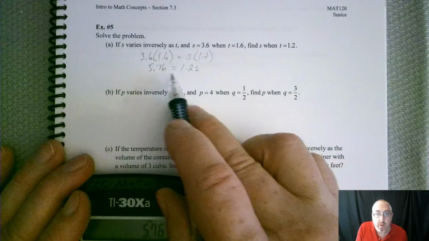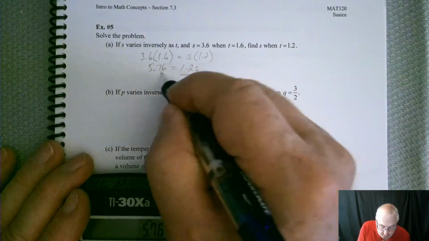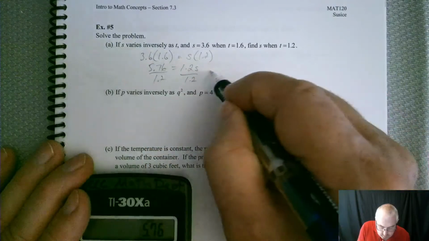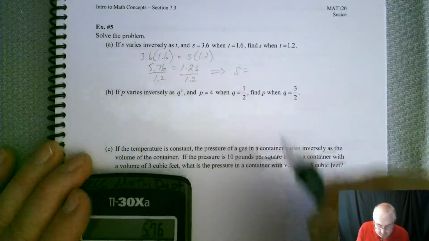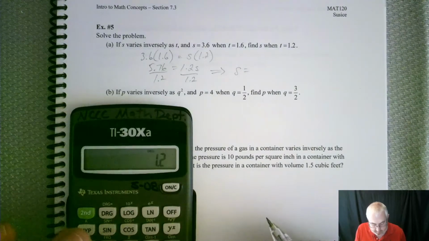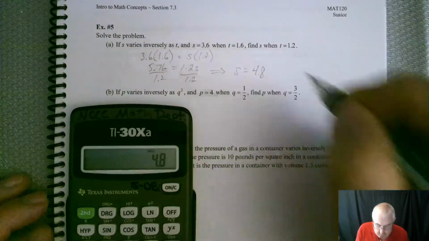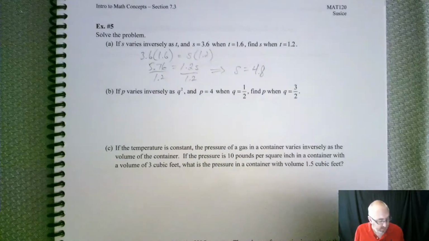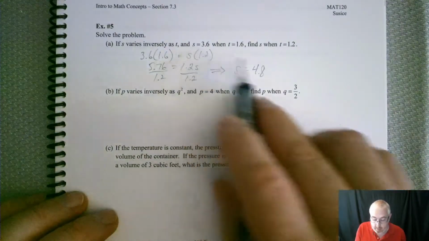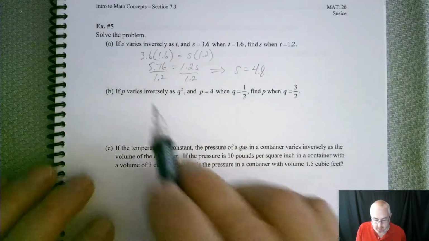So 1.2s. Now we can do our division to get rid of the 1.2. So let's divide by 1.2. So 4.8. We can definitely see that s got bigger. T got smaller, but s got bigger. So we're good. Let's see another one.